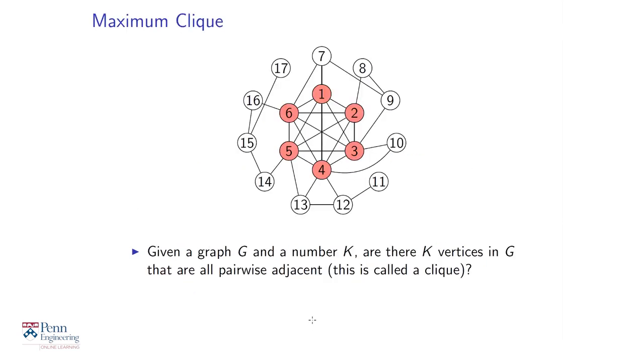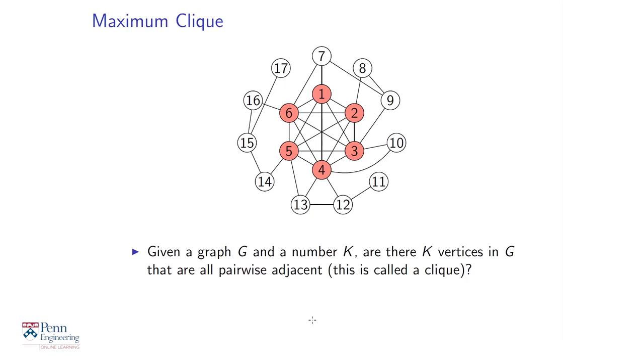Okay, an example of an NP problem is the clique problem. So this is the decision version of clique, which is: given a graph G and a number K, are there K vertices in the graph that are all pairwise adjacent? So if a set of vertices is such that every pair of them is adjacent, it's called a clique.